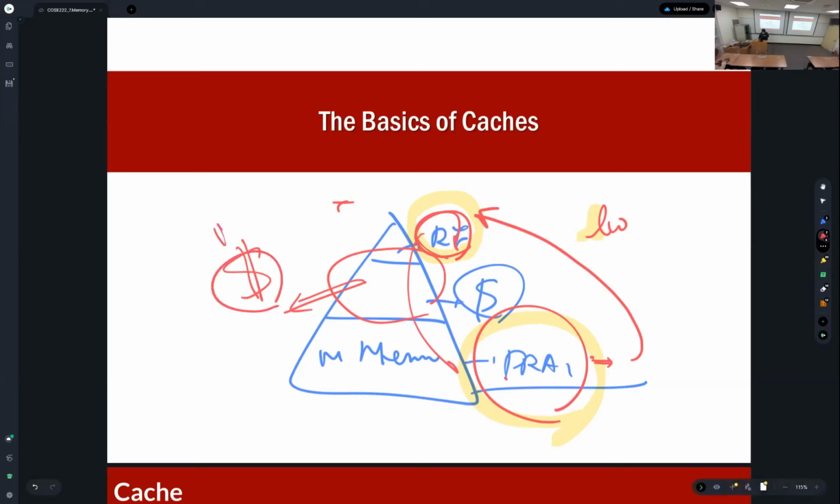Caches are temporary memory, and the cache is managed by hardware, not software. Actually, some hardware also provides privileged instructions, special instructions that can manage cache, but these are special instructions. Normal instructions do not manage cache.